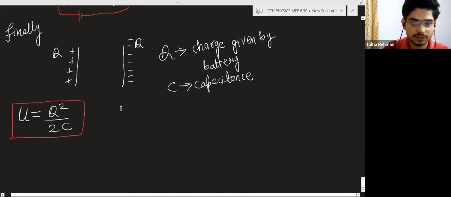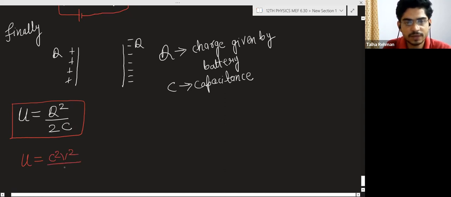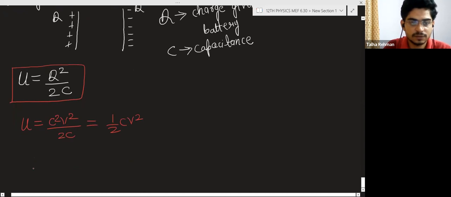And another is when you substitute the value of Q here. I can write Q equal to CV, and squaring that, C square V square divided by 2C. So I can write U is equal to half CV square.